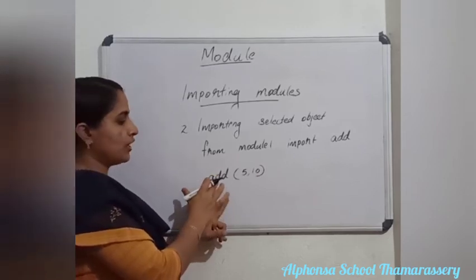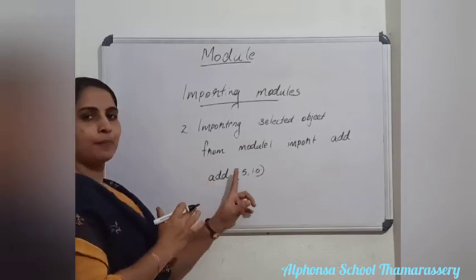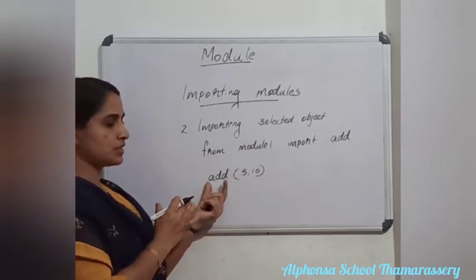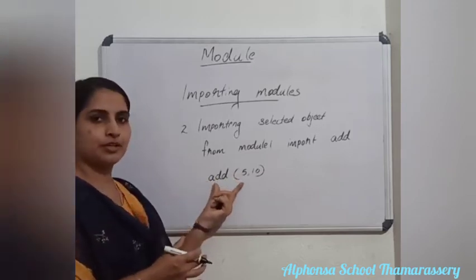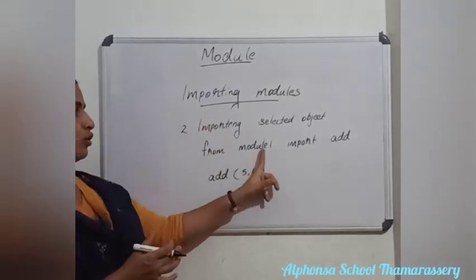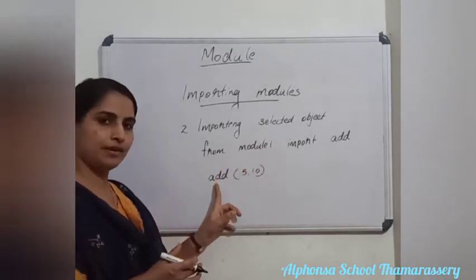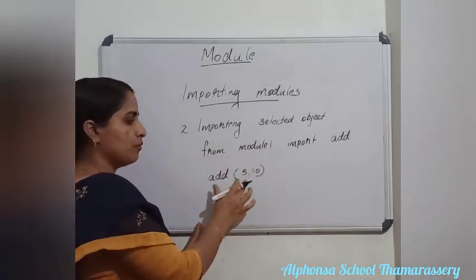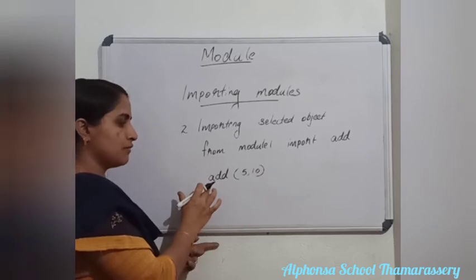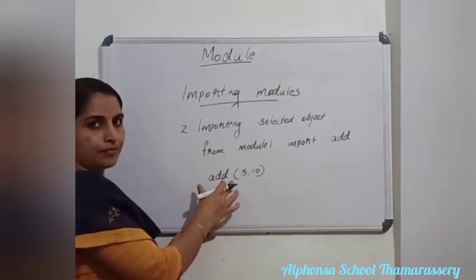So there you need not specify the module name. You simply specify the function name. Clear the difference? In the former case, import module 1 only, I have to specify module 1 dot add. Here you need not specify the module name. You simply specify the function name.